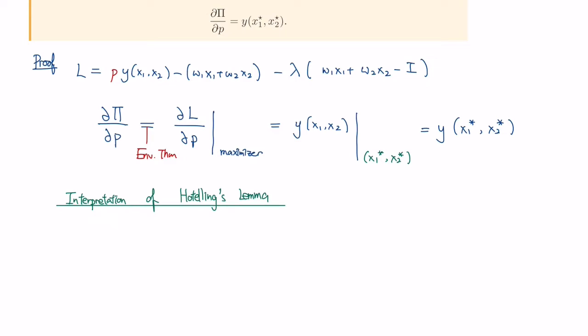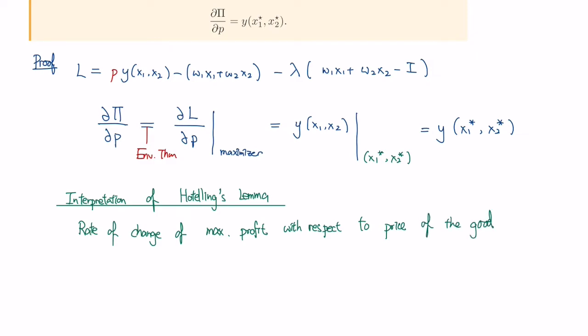It states that the rate of change of the maximum profit with respect to P, the price of the good, turns out to be exactly equal to y of x1 star, x2 star.